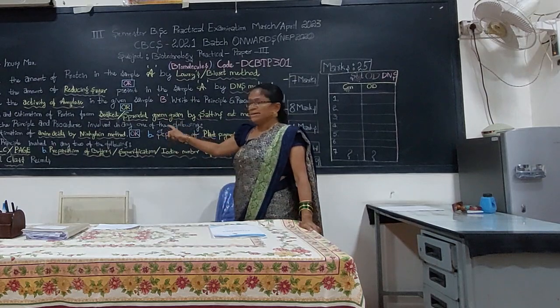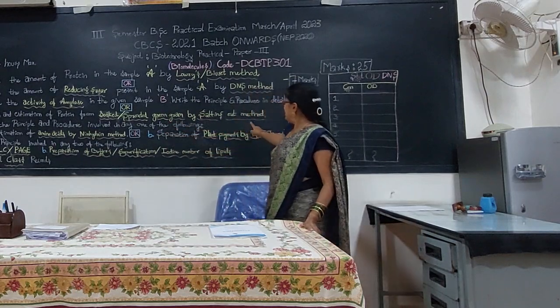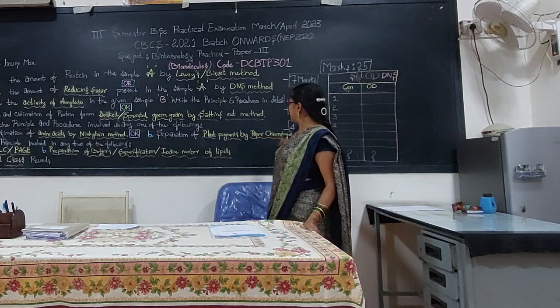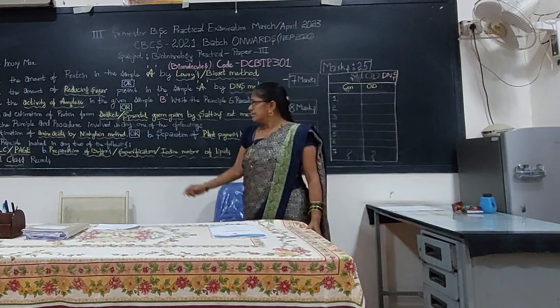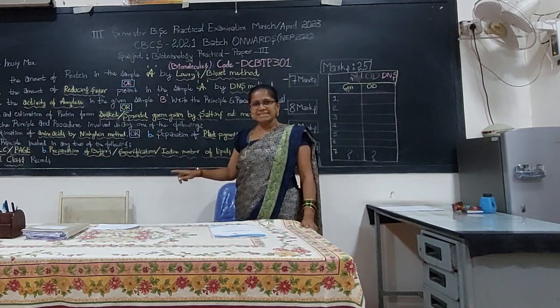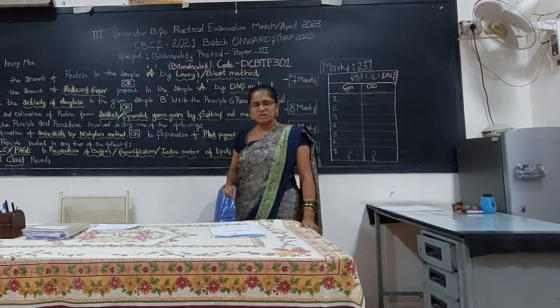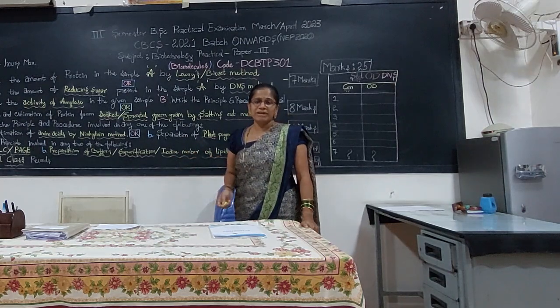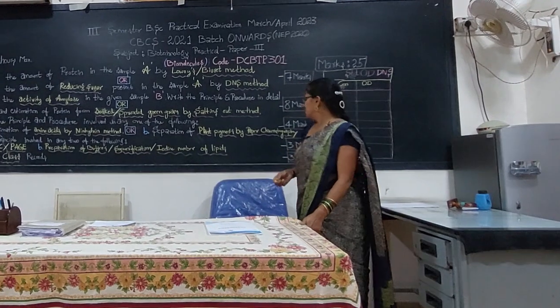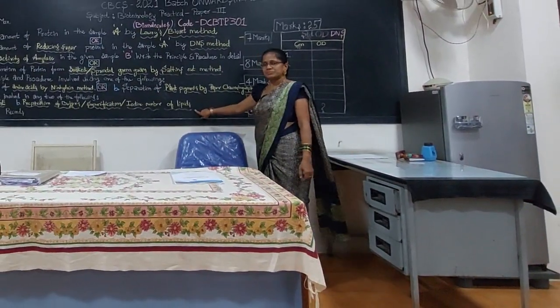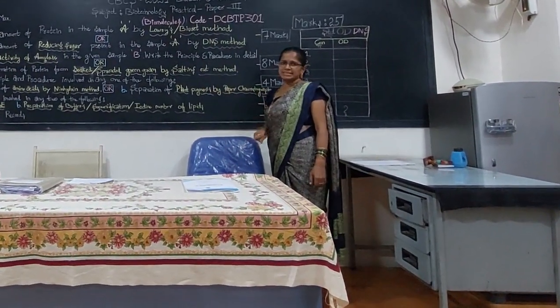Then question number 3, Ninhydrin method or plant pigment separation by paper chromatography. Then the fourth one, TLC or PAGE or preparation of buffers, saponification, or iodine number of lipids. So you need to focus on all these things.